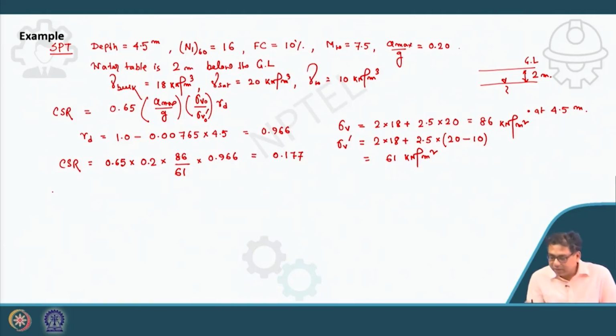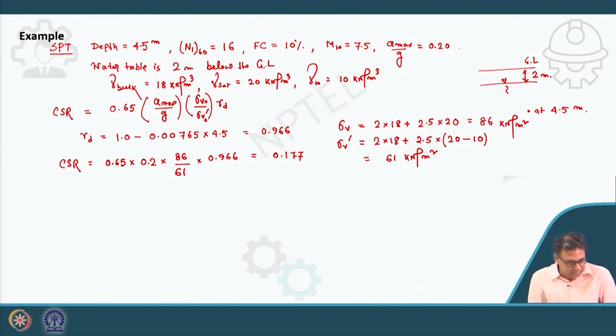Now there is 10% fines. So we have to convert this N160 to N160 clean sand, because it is not clean sand; its fines content is 10%. This is the data before conversion.